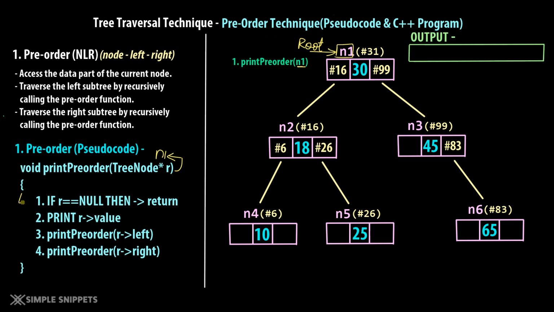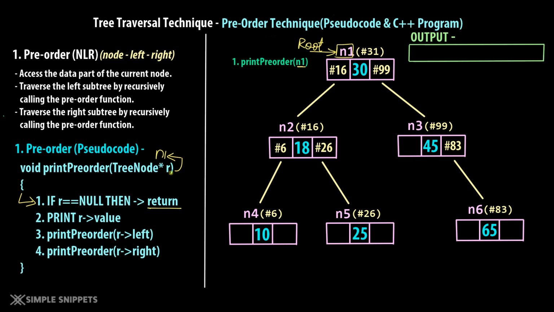Starting from the first line of code in printPreOrder, the first line is a condition which says if R equals null, then return. Return means just stop this function and return to the calling function. So in the main function we will call printPreOrder, and when we do the return we will come from printPreOrder back to the main function. That's how function calls work.